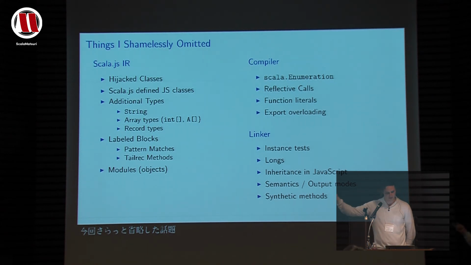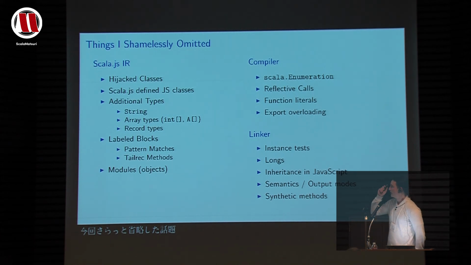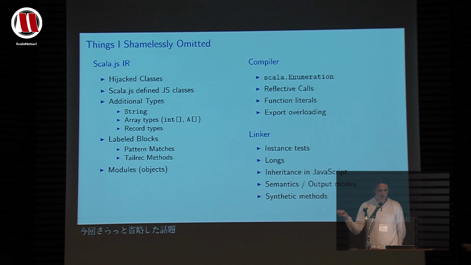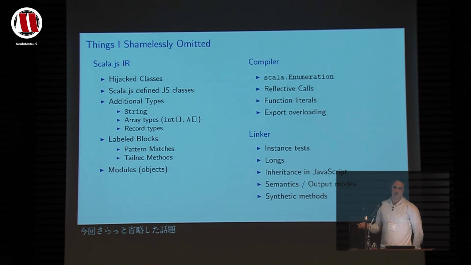Okay, so let's look at this. What are things I kind of omitted? One big thing is hijacked classes. One important thing if you work together with JavaScript is that JavaScript things remain JavaScript things, right?